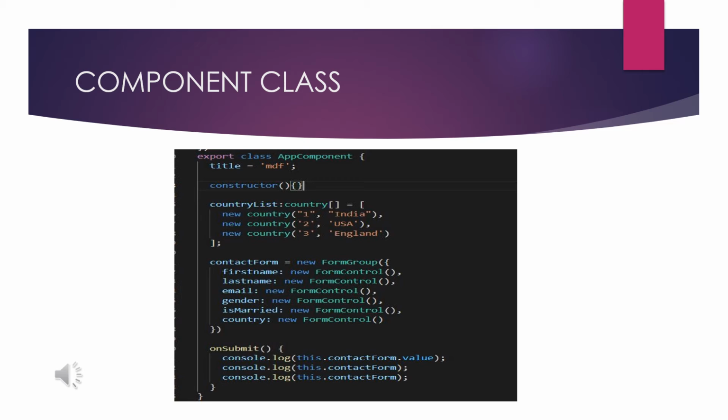First name, last name, email, gender, isMarried, and country are all taken as controls from the template file into here with the help of FormControl. On submit, I'm just logging the contactForm values with this.contactForm, which is manipulated here with all the outputs.